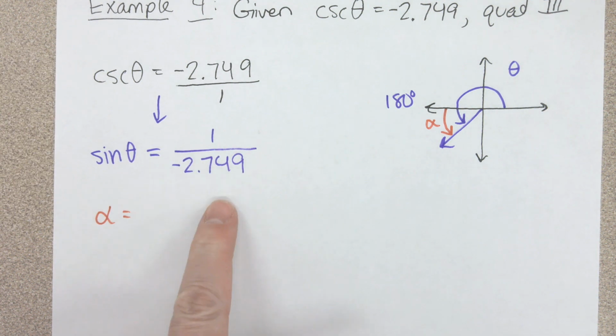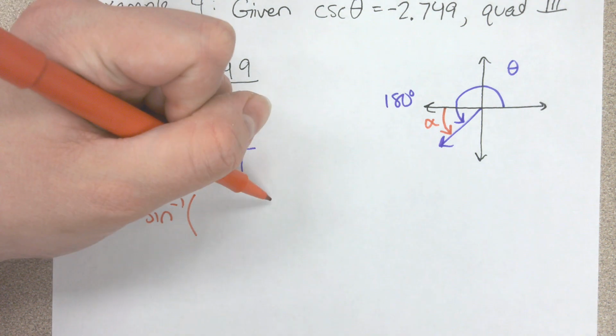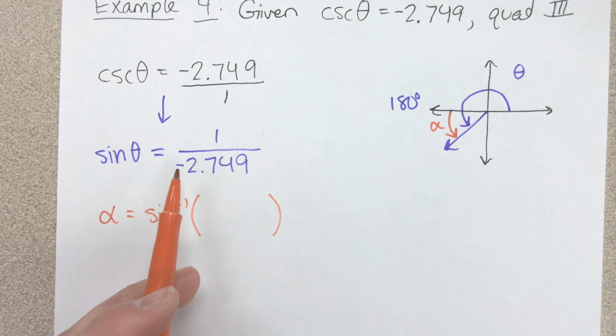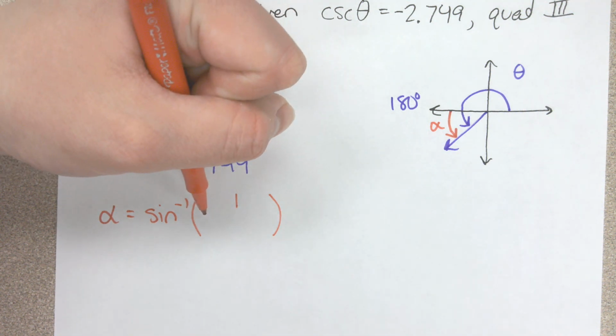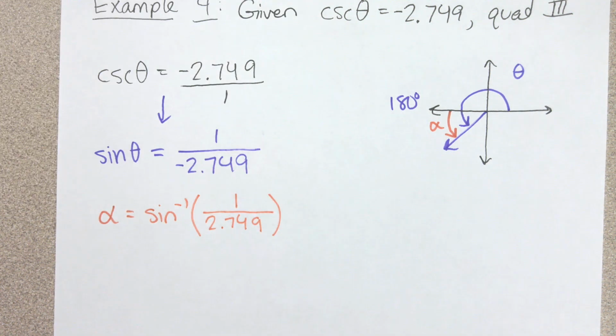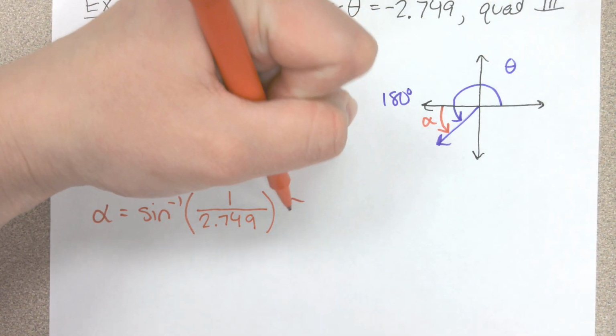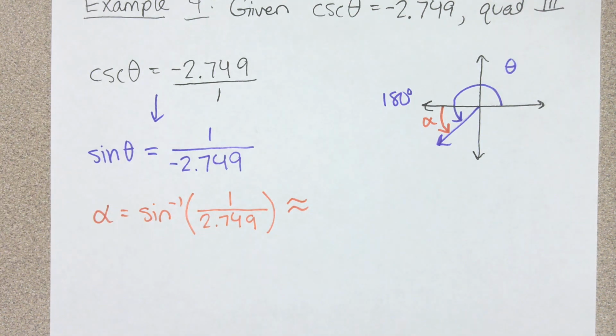Alpha, we take the inverse. So inverse sine. And then we're dropping that negative because negatives are not allowed for alpha. 1 over 2.749. Calculator to get that answer.